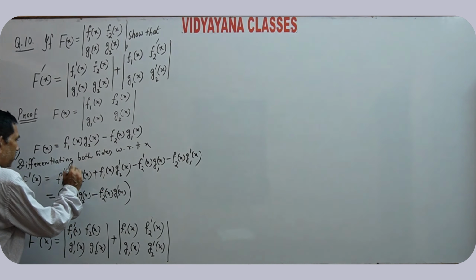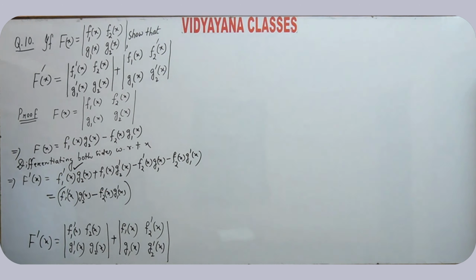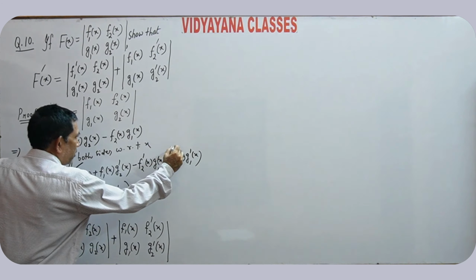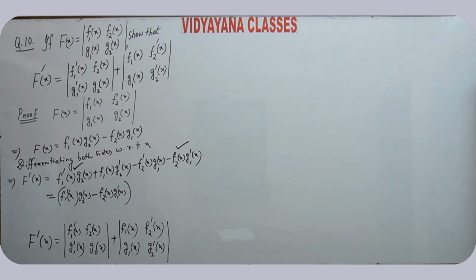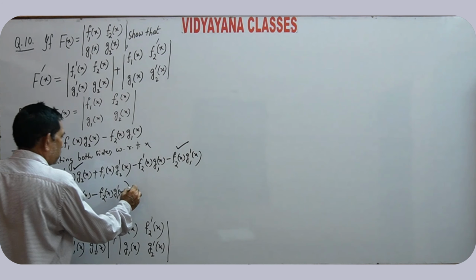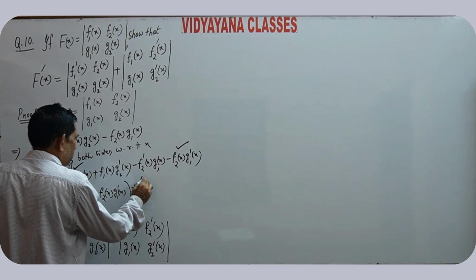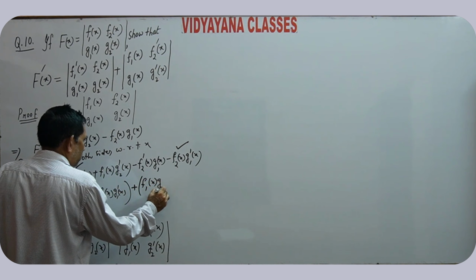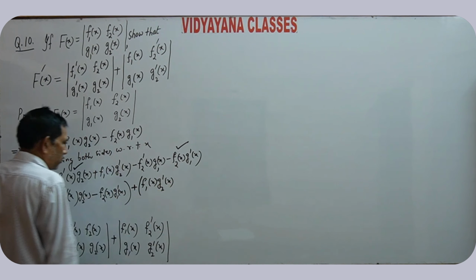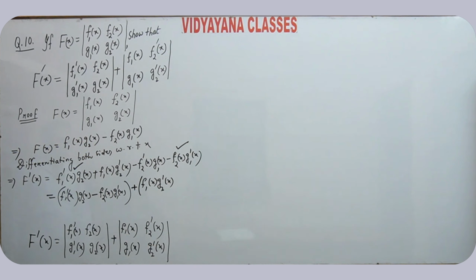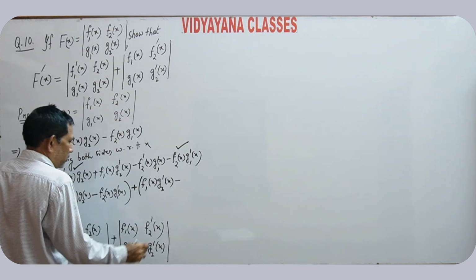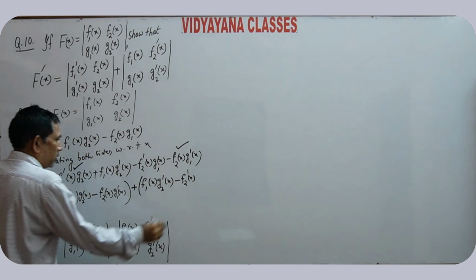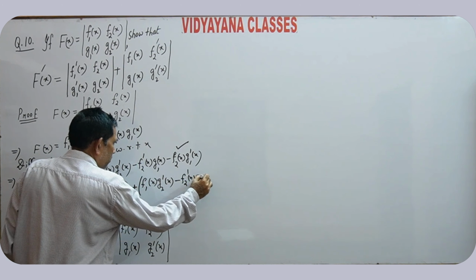That is the first term, and this is the second term, plus f1 x g2 dash x minus f2 dash x into g1 x.